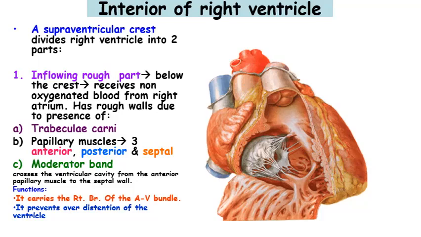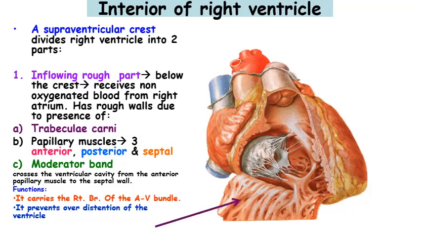Inside the right ventricle, there is a supraventricular crest or an elevated part which divides the right ventricle into an inflowing rough part that receives the blood from the right atrium. This blood is, of course, non-oxygenated blood, and it has rough walls.